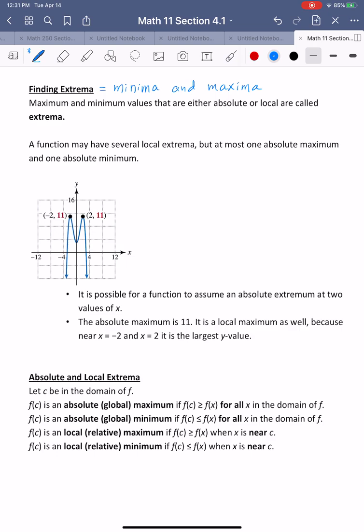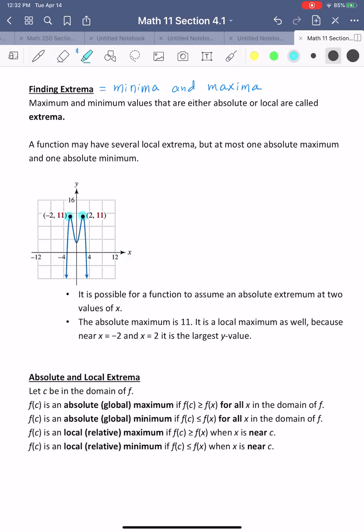A function may have several local minima and maxima, but at most one absolute maximum and one absolute minimum. It is possible for the function to assume the absolute extremum at two values of x, because it hits the highest place on the graph.